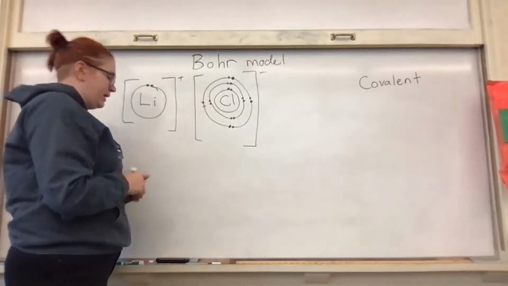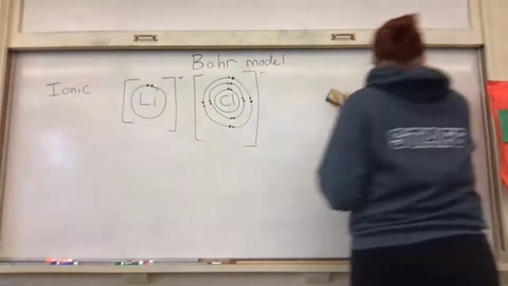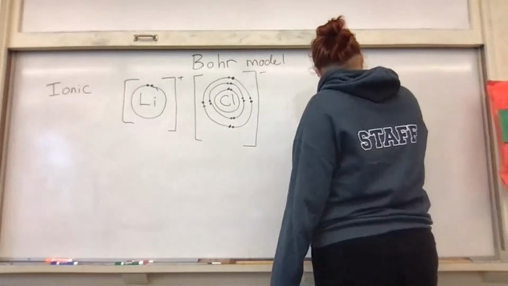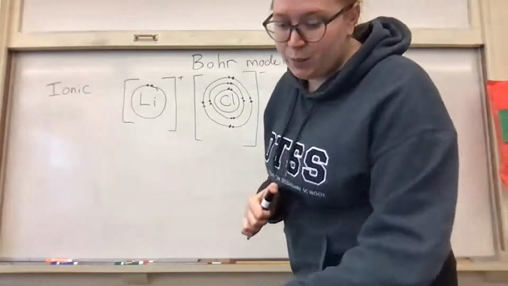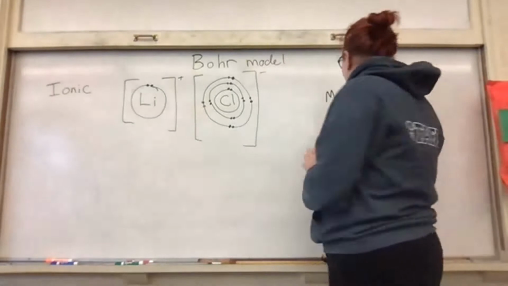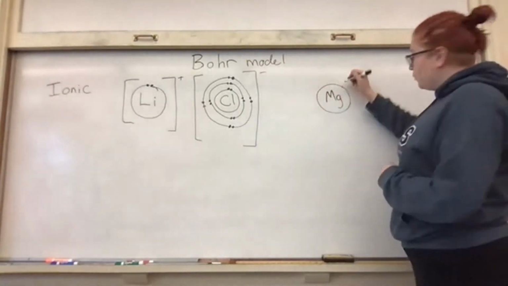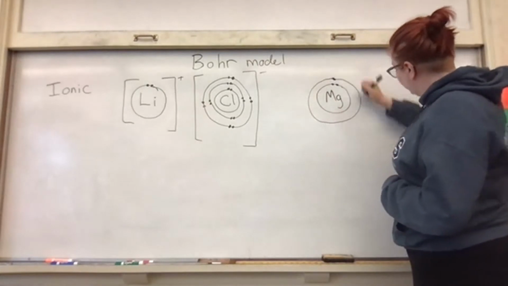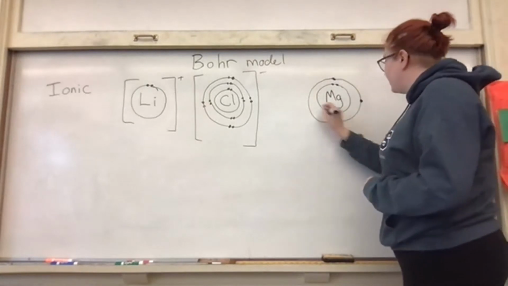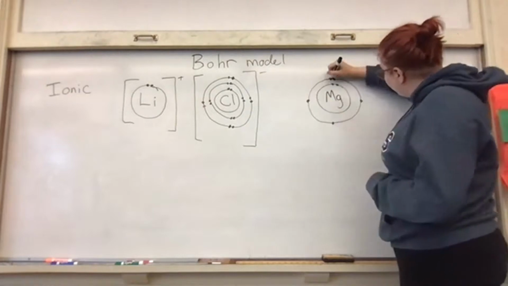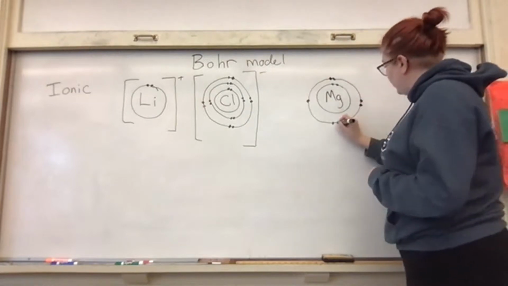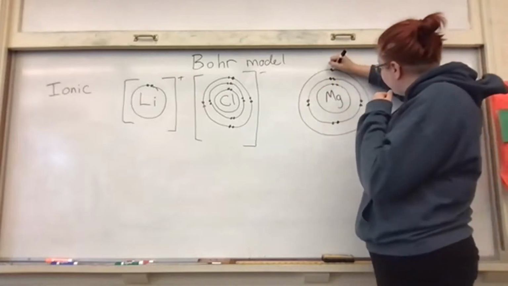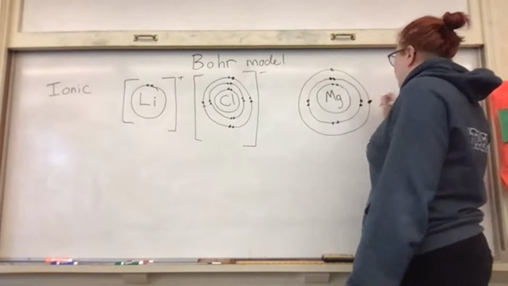We're going to draw one with magnesium. I'm going to draw it over here. So we're still on ionic. I'm going to draw magnesium. I look at my periodic table and I see that it has 12 electrons. 1, 2, 3, 4, 5, 6, 7, 8, 9, 10, 11, 12.